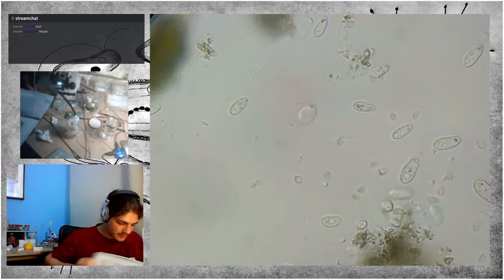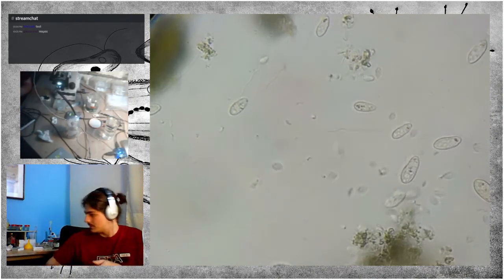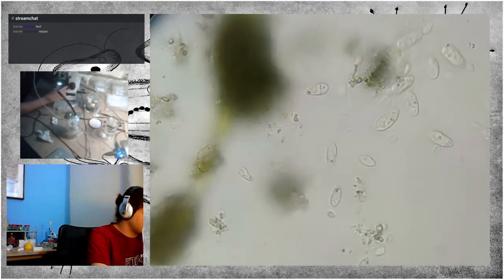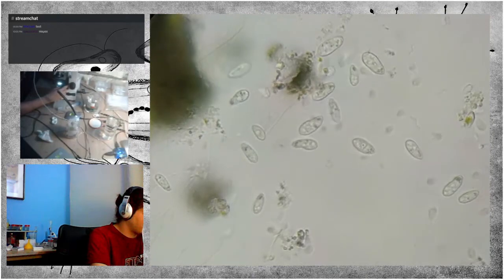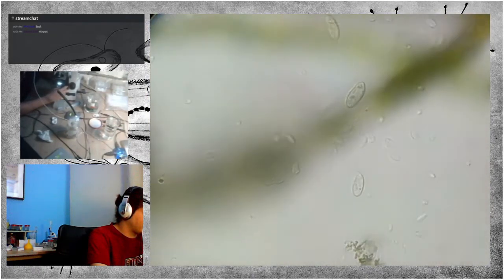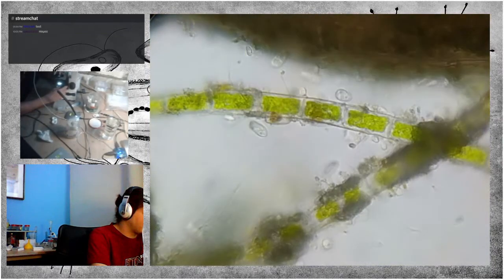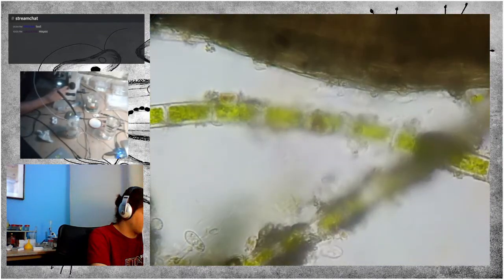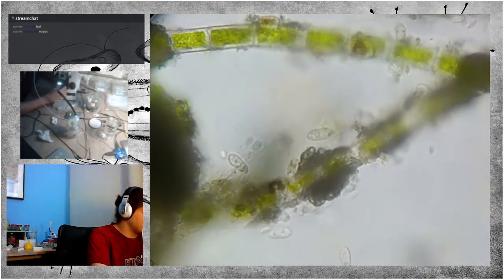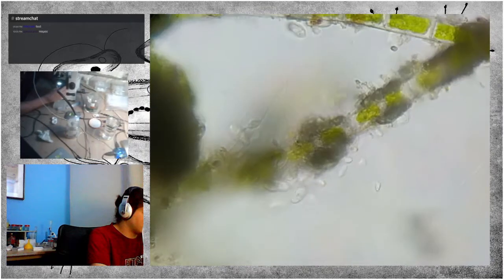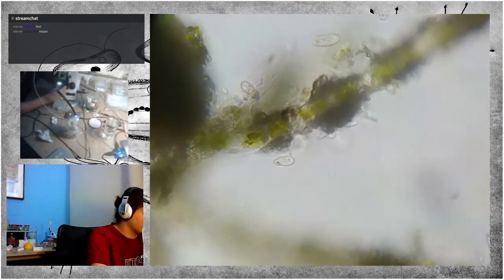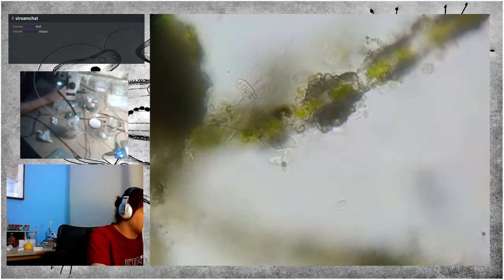I'm really not sure where they belong. Anyways, let's see what else this slide has to offer. You can also see some smaller ciliates, but I cannot discern any details to tell you anything about them.